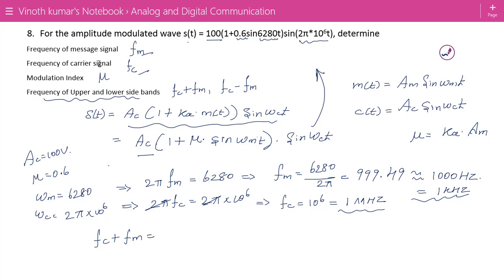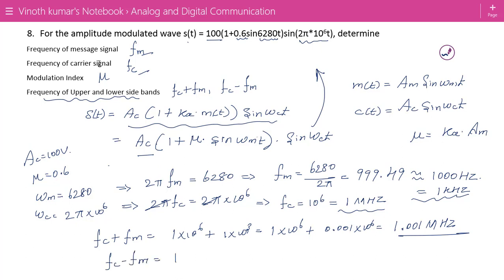By adding these two values, we get 1.001 megahertz. So this is the upper sideband, and the lower sideband is 1 into 10 to the power 6 minus 1 into 10 to the power 3. Subtracting this, we get 0.999 megahertz. Thank you.